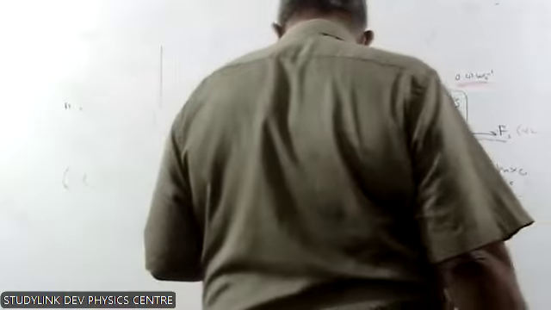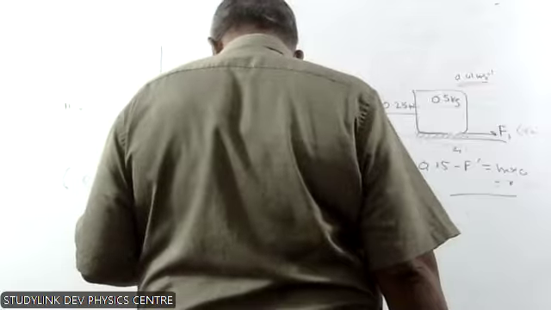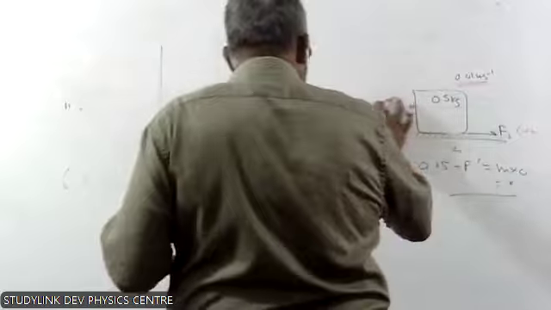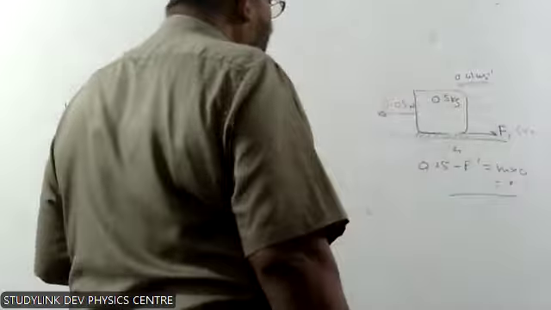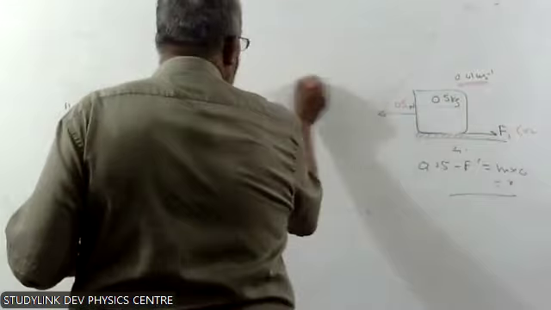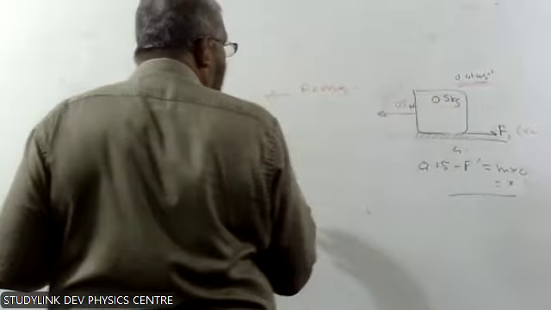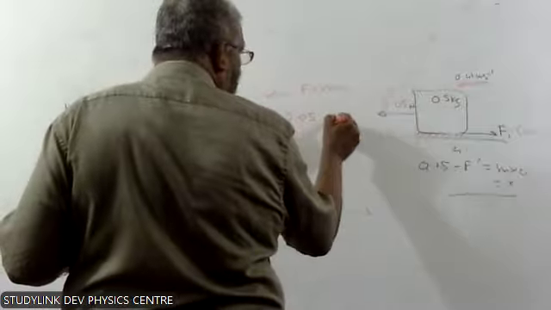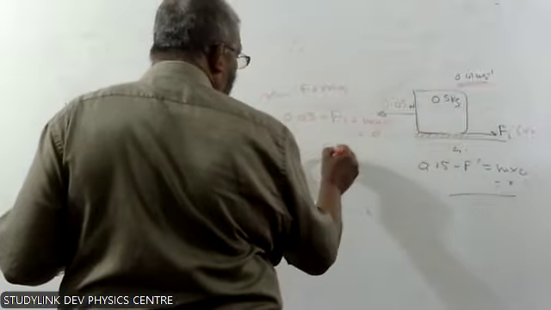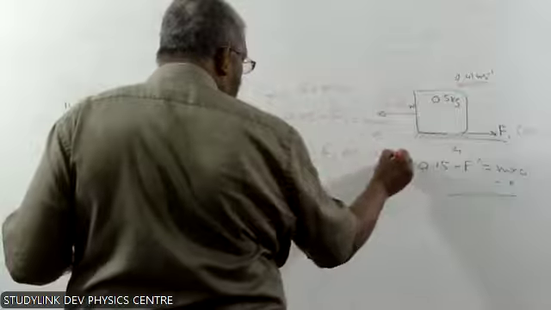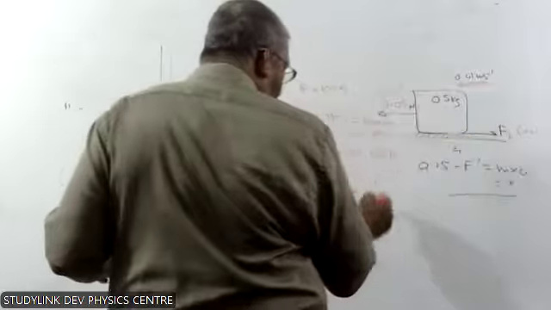And the force required to push this is now reduced to 0.05 newtons. Then again F equals ma horizontally in this direction. Then you get 0.05 minus F1 is equal to mass into 0, because with constant velocity a is 0. So F1 is 0.05 newtons. F1 is the viscous force.